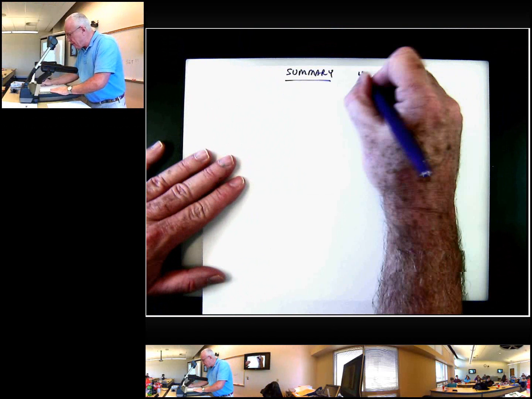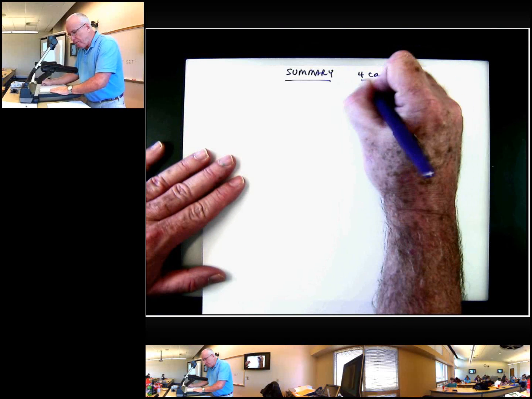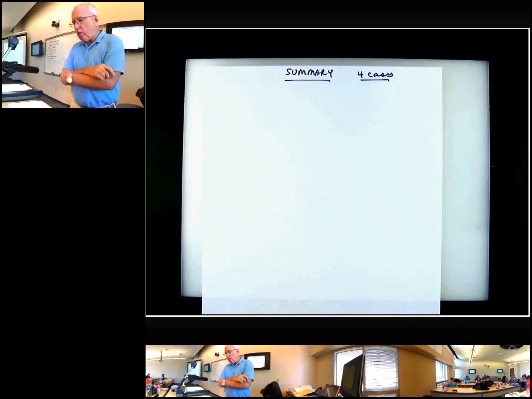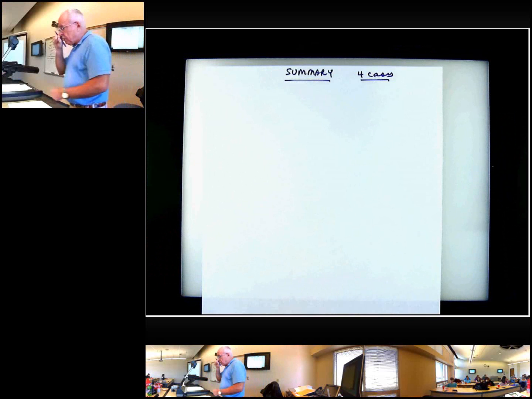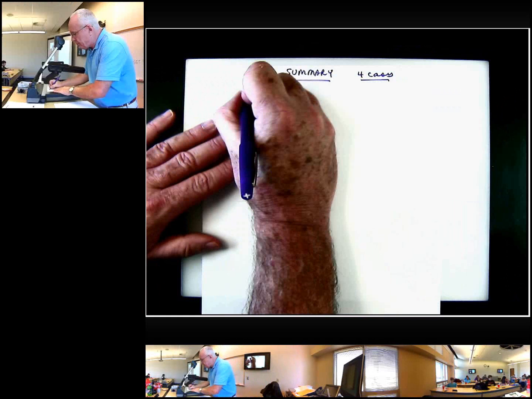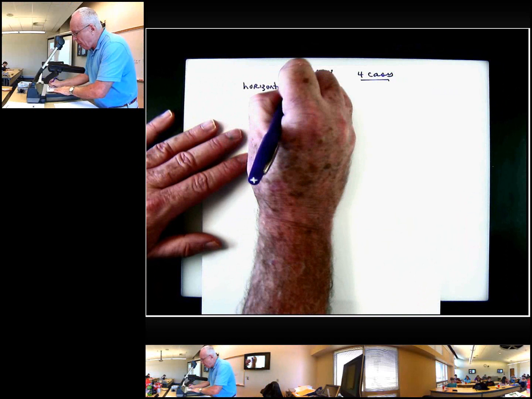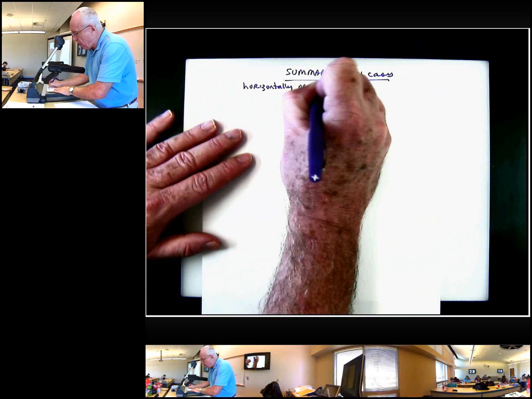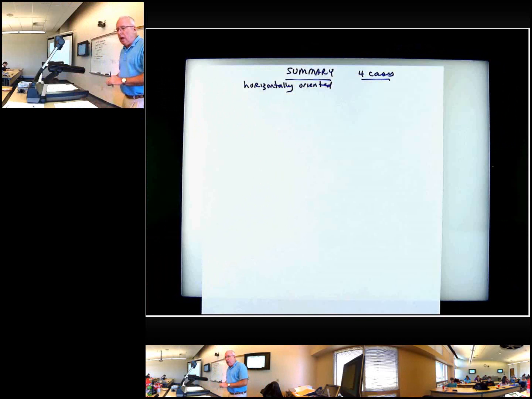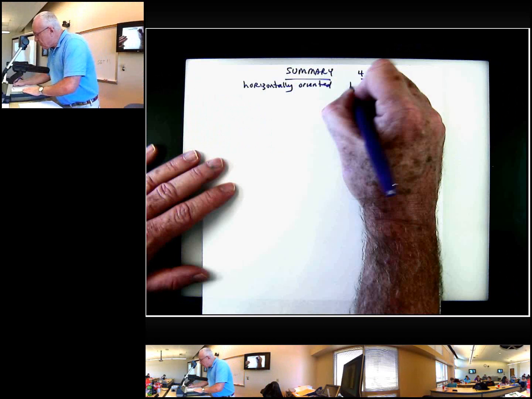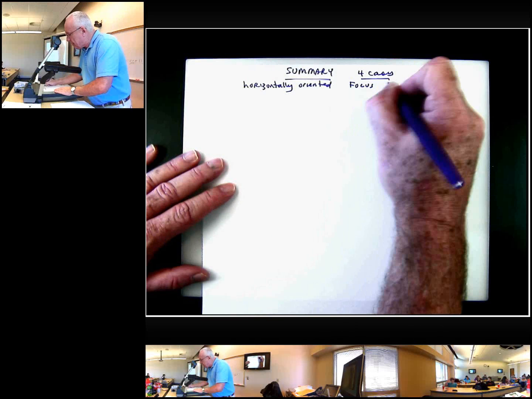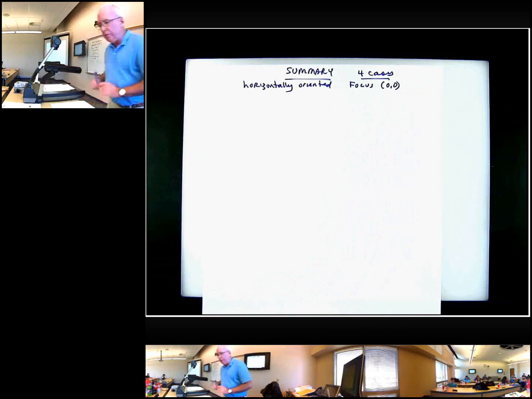We have these 4 cases. First of all, let's look at horizontally oriented. Again, remember always, one of the foci is always considered to be 0, 0.